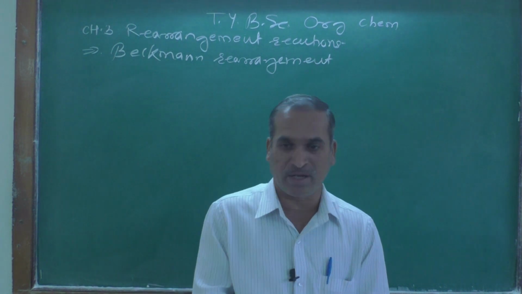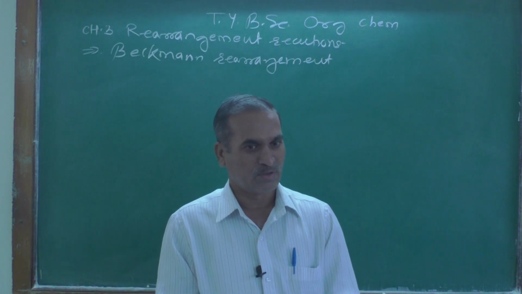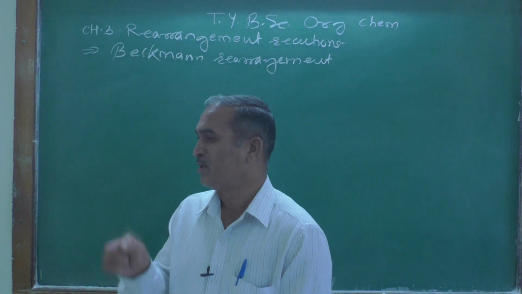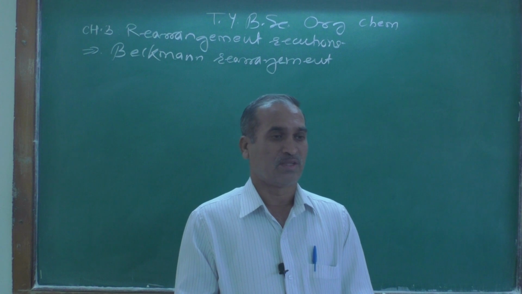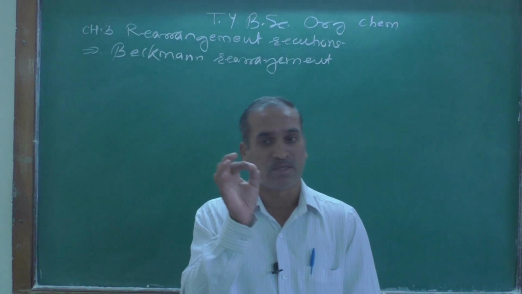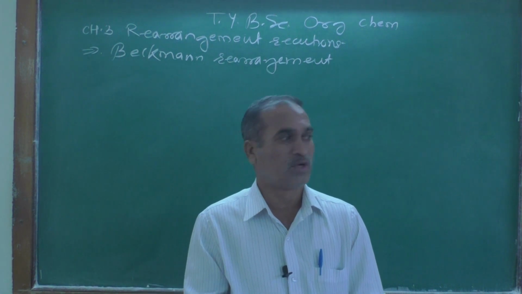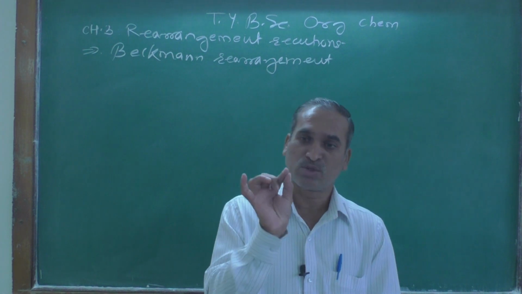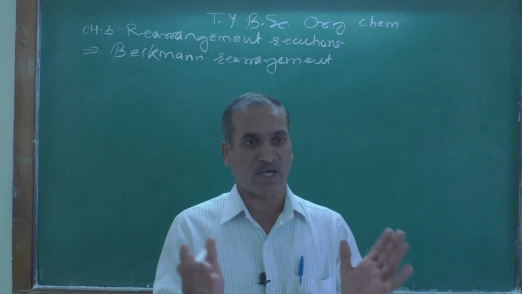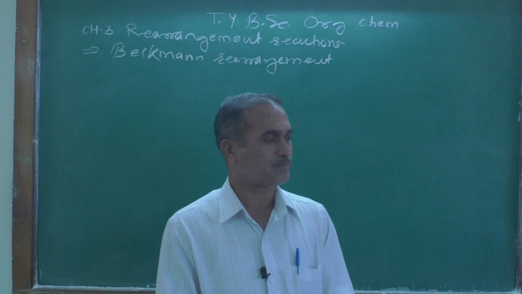Remember, in the Beckmann rearrangement reaction, it is very important: whenever you talk about the Beckmann rearrangement, the group which migrates is the group which is trans to the hydroxy group, so you should remember that, and the product is obtained. So that is somewhat about the Beckmann rearrangement reaction.